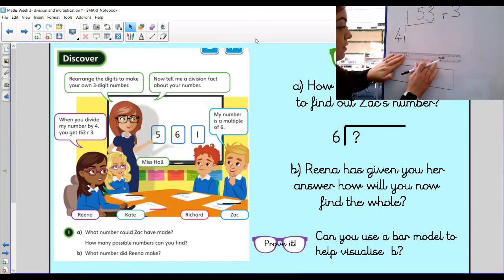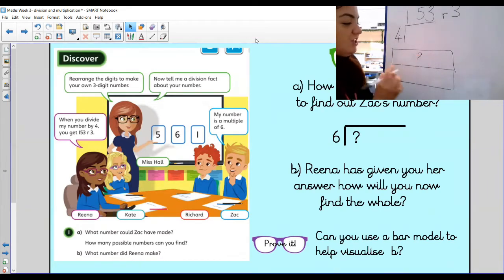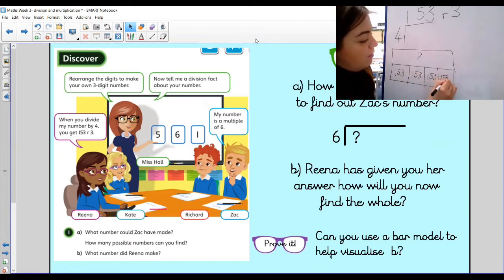You see that? I'm going above that. Okay, so here is going to be my whole, which I don't know, but I do know that I've got 4 lots of 153. And then 3 that are left over, okay?